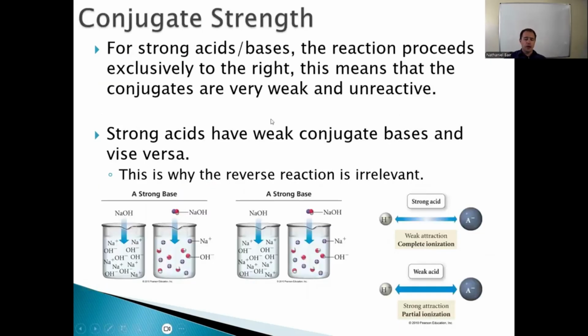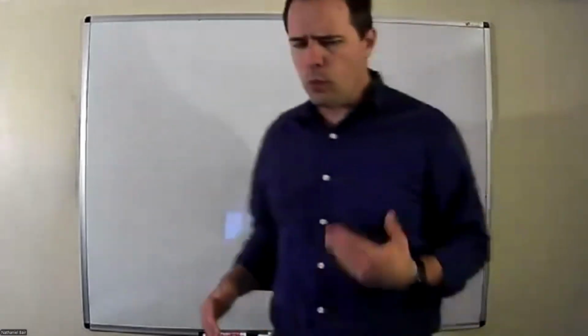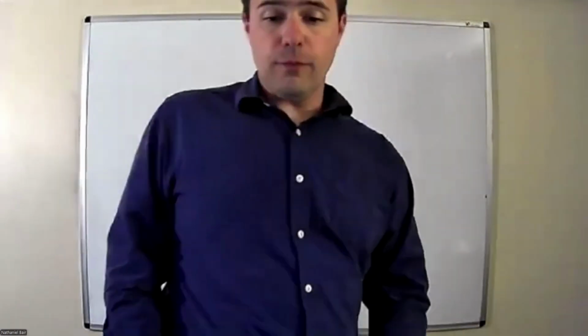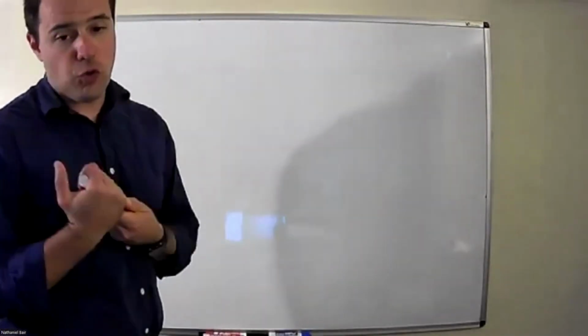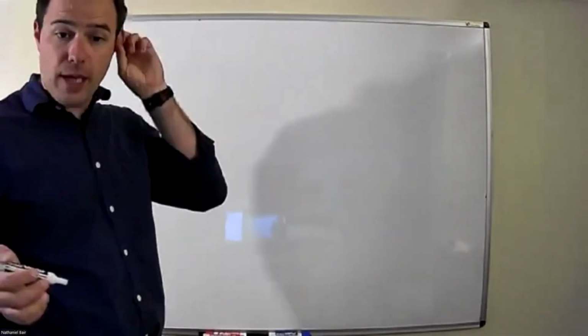Conjugate strength, super duper important for tomorrow in lab when we talk about acid-base properties of salts. The conjugate of strong things is weak, and the conjugate of weak things is actually a pretty good or okay. So what do I mean by that? Well, let's talk about that. So for example, we can make an inference about the strength of a conjugate based on the strength of the original acid or base.